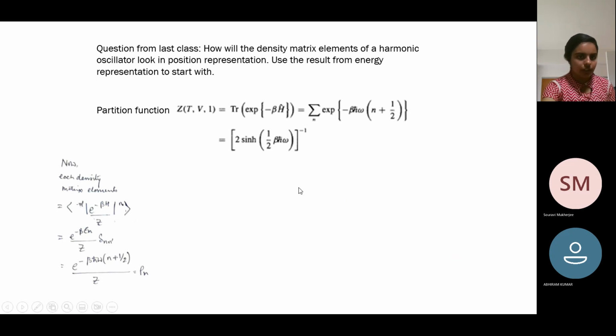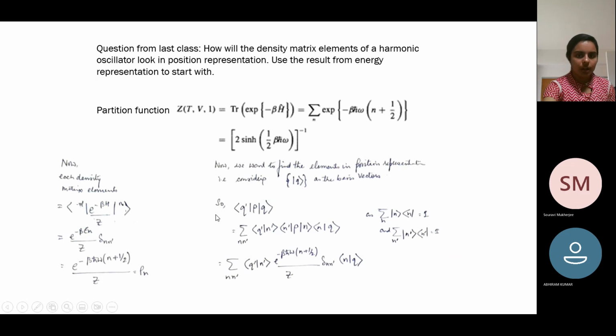Now, given this, you want to find how it looks in some other basis, some position representation, where we consider the basis vectors to be given as q. So you want to find the elements there. That means you want to find this inner product, q prime rho q.